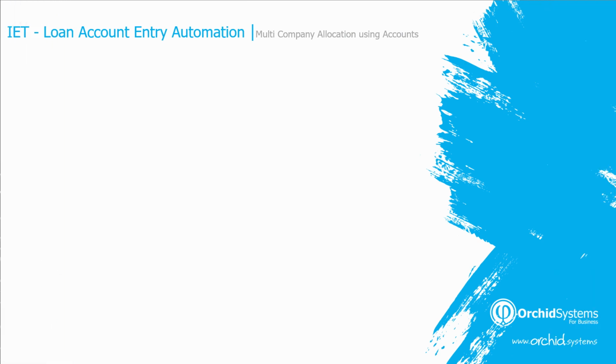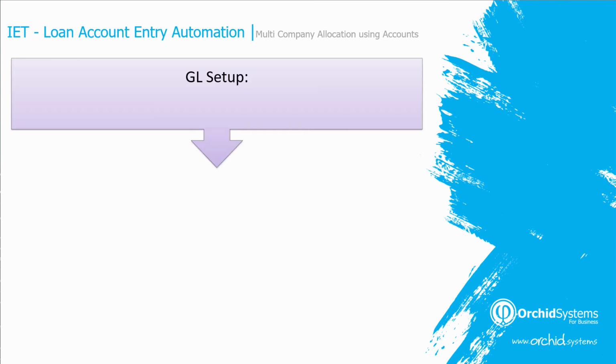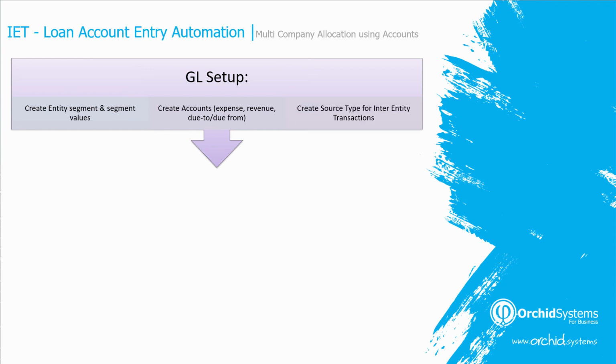We have just seen the automation of loan account entries in Inter-Entity Multi-Company using accounts to select the entity. In the GL setup, we saw we needed to create an entity segment and segment values, create the accounts for the expenses, revenue, due to and due from, and create the source types needed for inter-entity transactions.